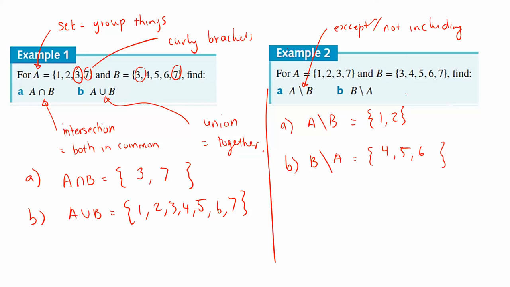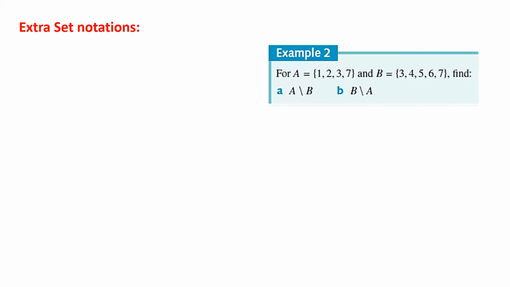The 4 things you got: sets, intersection, union, braces for listing, and excluding. Braces for listing things.